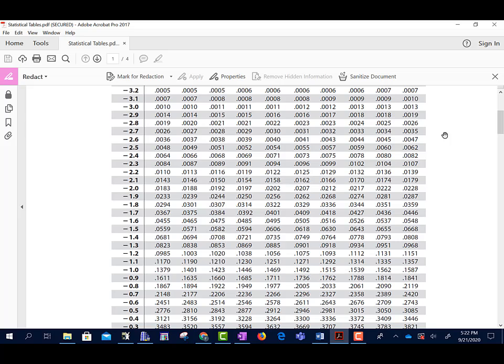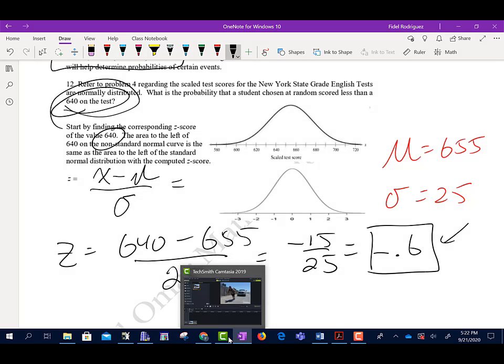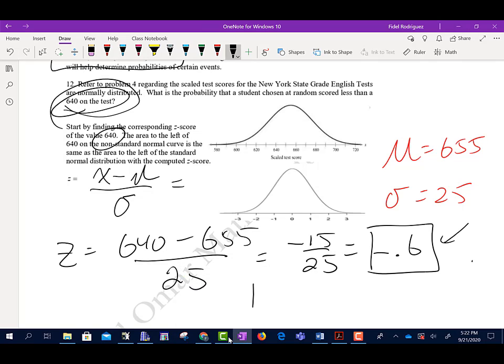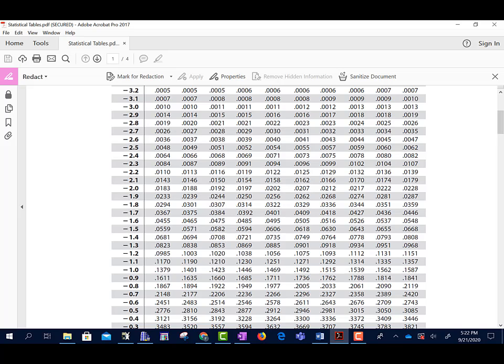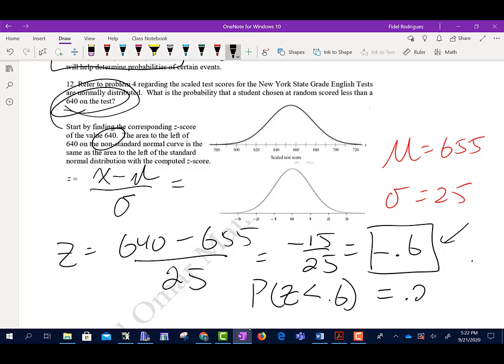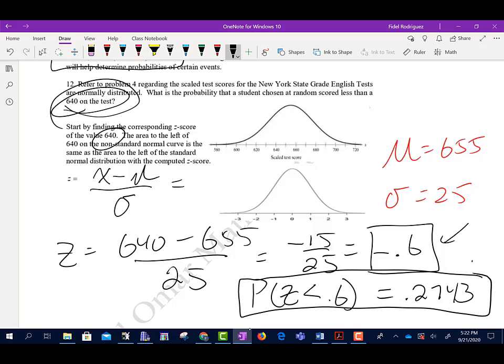So really what I'm looking for is that number right there, 0.2743. So the probability that a student scored less than a 640 would be 0.2743, right? And that would be my answer.